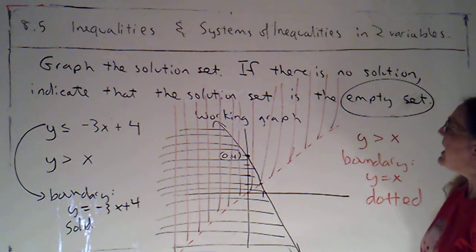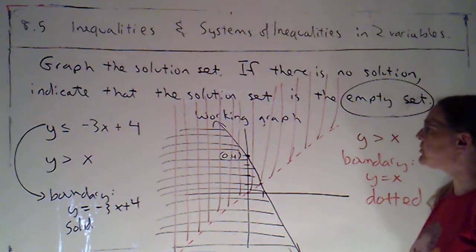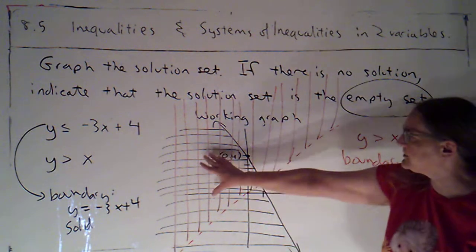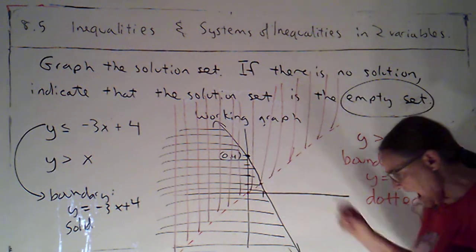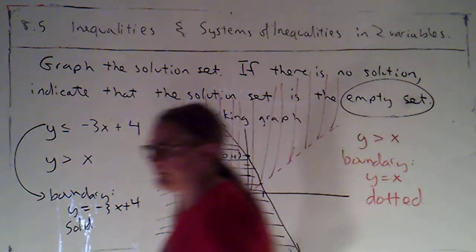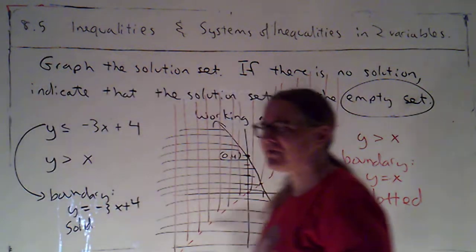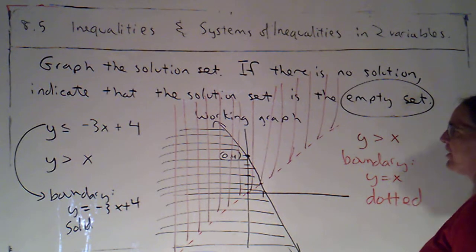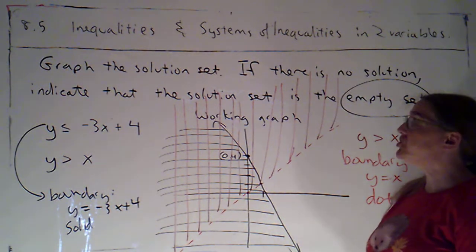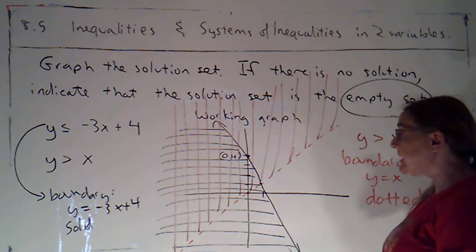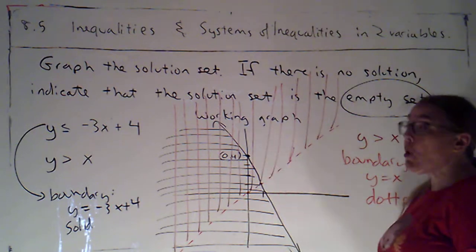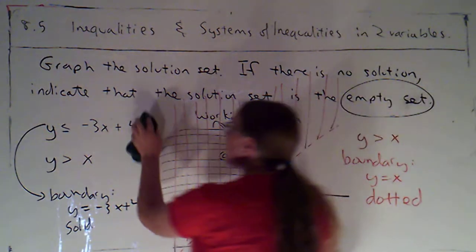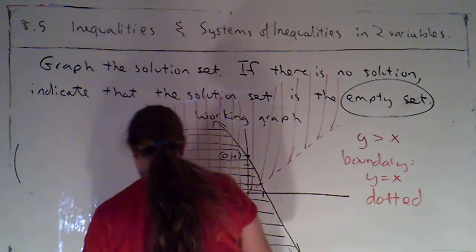Now, in some algebra classes, I would say as long as I can clearly see what's shaded twice, I would accept this as your graph. We're in pre-calculus now. The standards are a little bit higher. I want to actually just draw a working graph where I only show what satisfies both inequalities.